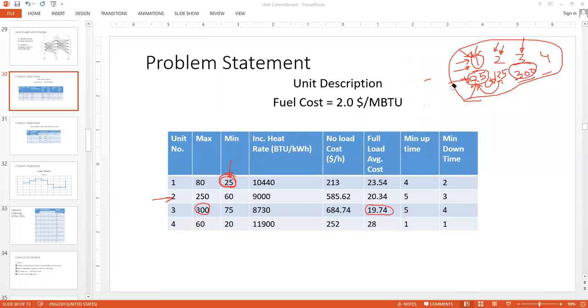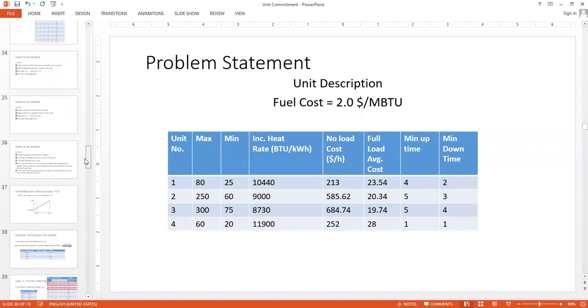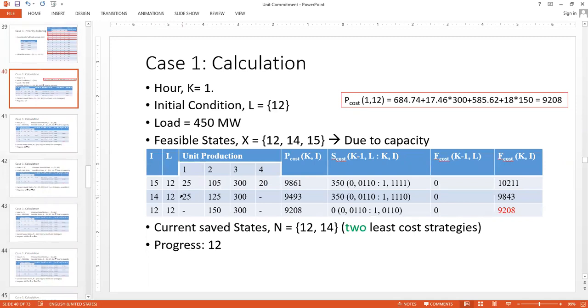The remaining megawatt is taken by unit number 2. So the combination is unit number 1 gives 25, unit number 2 gives 125, unit number 3 gives 300. In total, they give me 450 megawatt. So this is the combination I'm talking about, 25, 125, and 300.